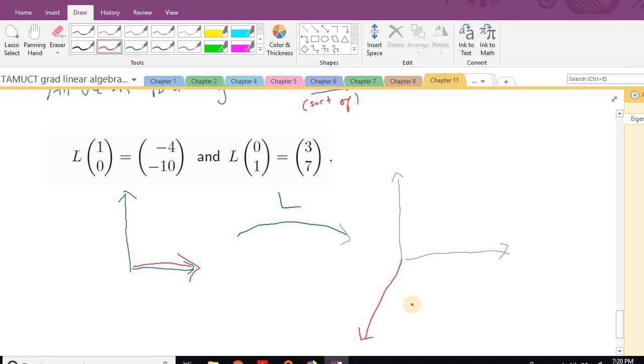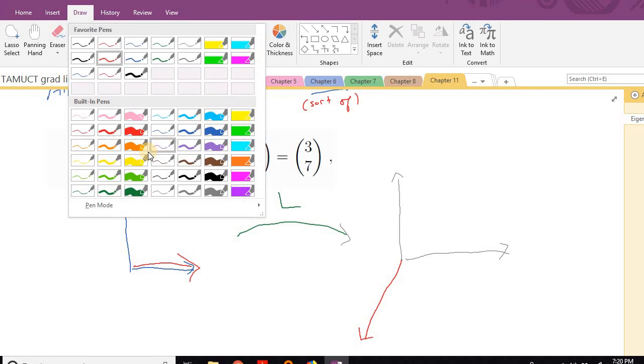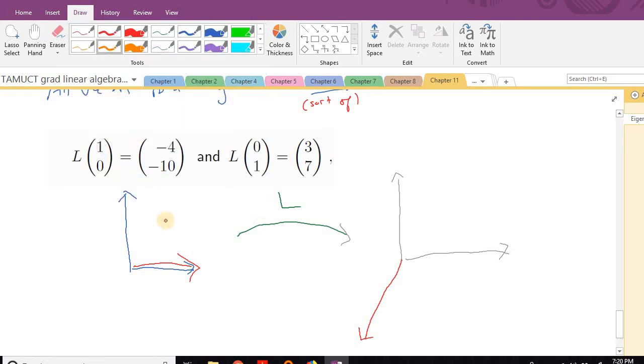It looks like a rotating, stretchy sort of thing. The vector is longer and it's rotated. And then L(0, 1) is (3, 7). I'll make it a different color, like orange. So (0, 1) would be here, and L(0, 1) is (3, 7): 3 out here, 7 up here, so it's something like this.